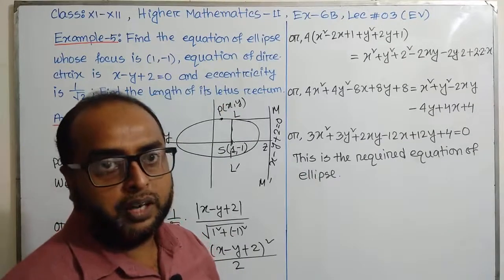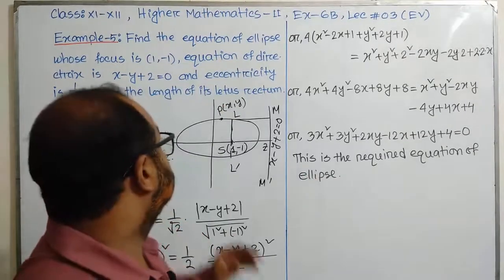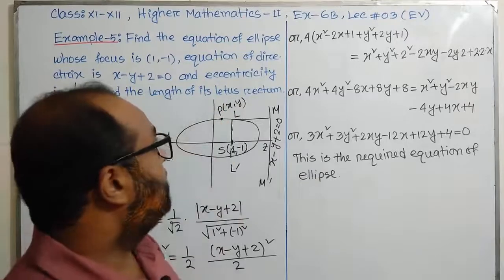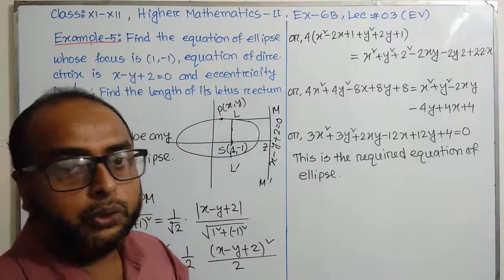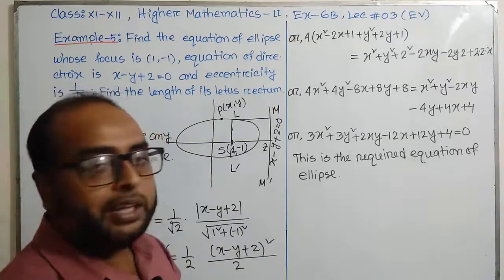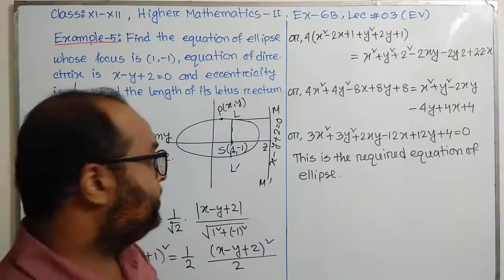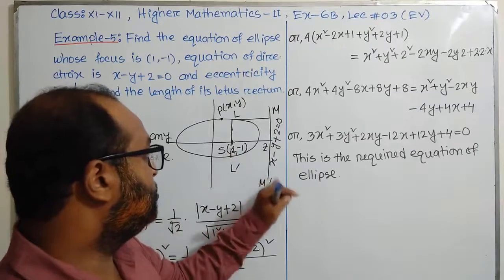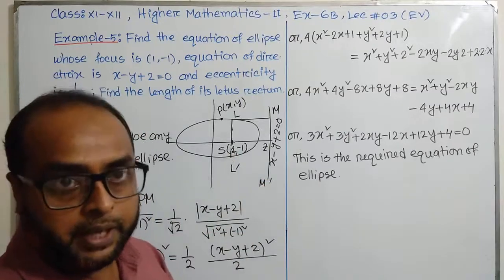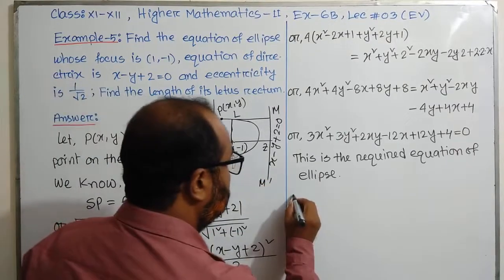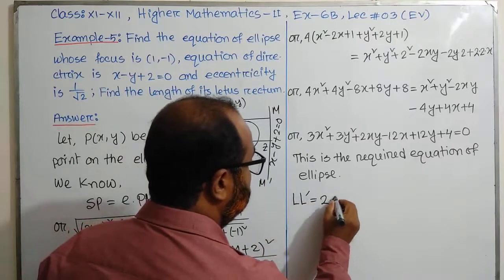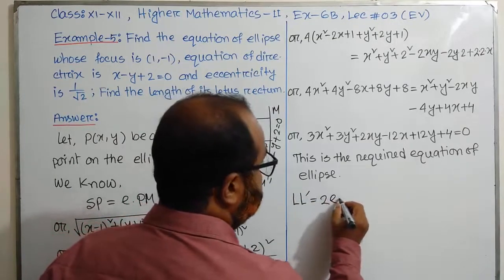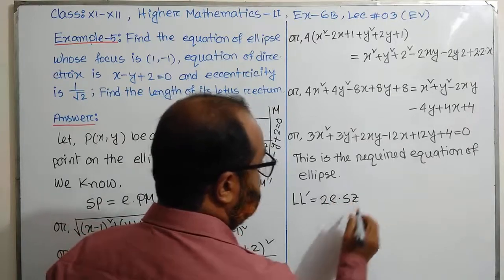Okay students, now also we have to find the length of latus rectum of the ellipse. We know the relation between length of latus rectum and distance from focus to directrix is L prime equal to E into SZ.